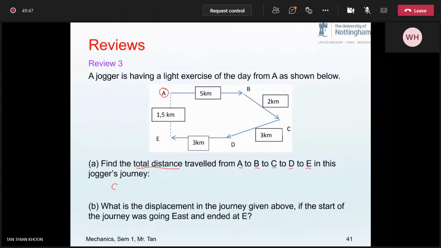The distance, of course, is 5 plus 2 plus 3 plus 3. So that is 13 kilometers.